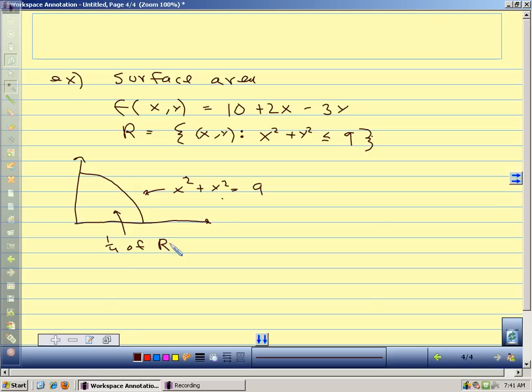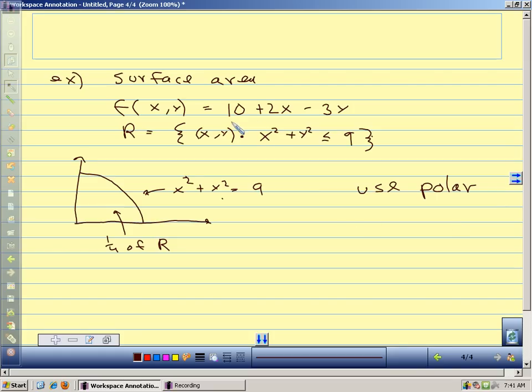What kind of coordinates do we want to use? XY coordinates are always better. For this particular integral, the XY coordinates are not better. I'll give you that hint. So let's use polar coordinates, because we have a circle. And when we do the integral, I hope you see that it turns out a lot easier.